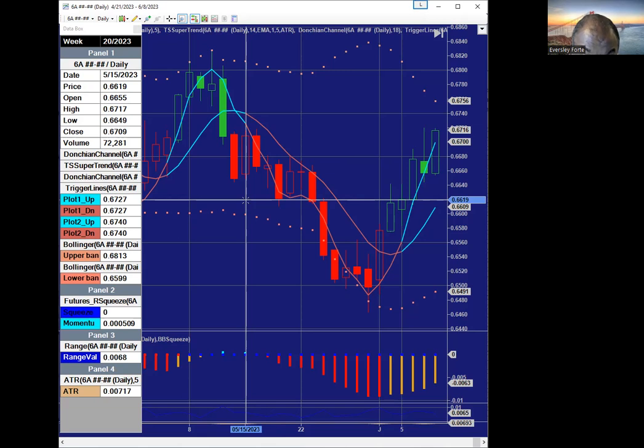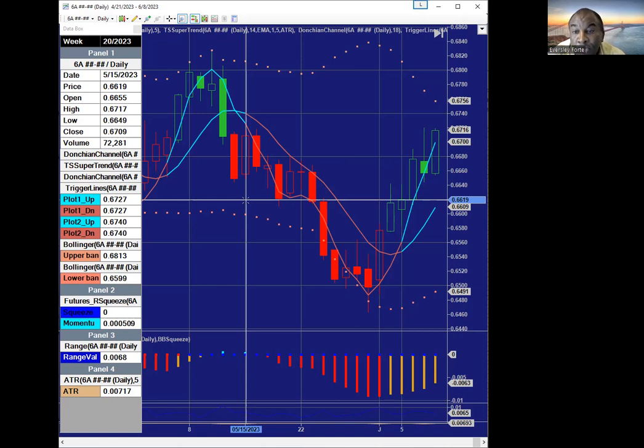So that's basically 0.6727 minus 0.6639. It can't be exactly 90, right? One's a 9 and one's a 7, so it can't be a round number. What's the exact number? Okay, 88. Okay, 88 ticks.